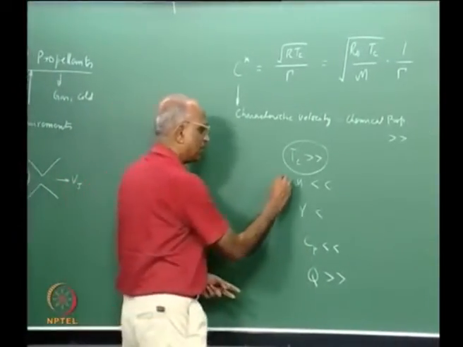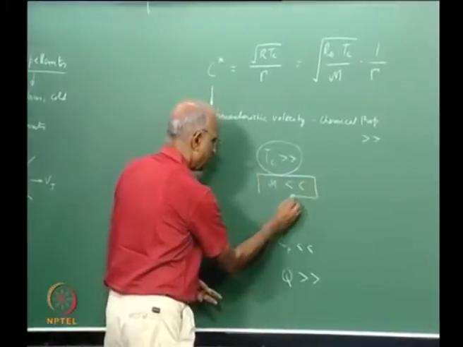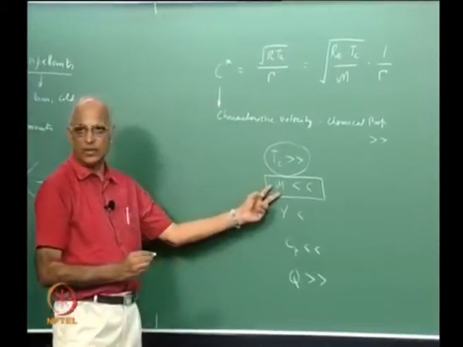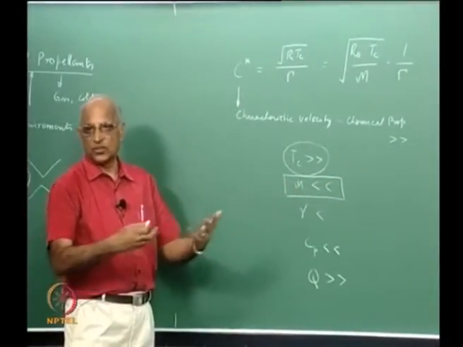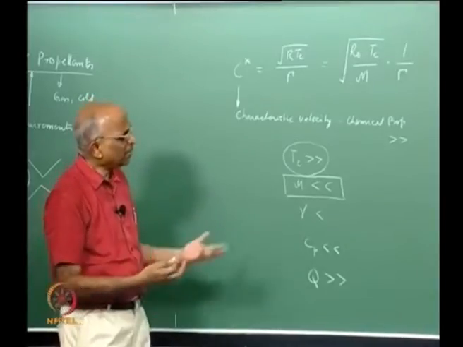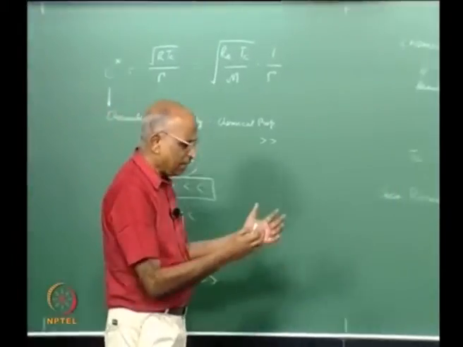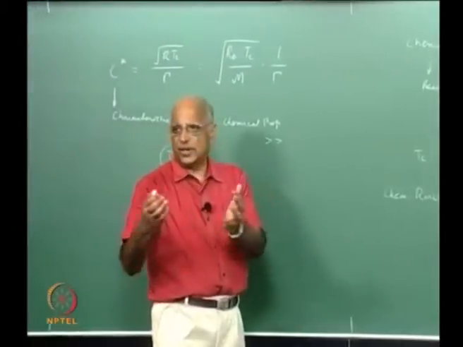Let me start with something simple. Under what conditions will I get a low molecular mass of the gases which are generated? Let us say I have a chemical, and the chemical by reaction generates hot gases.